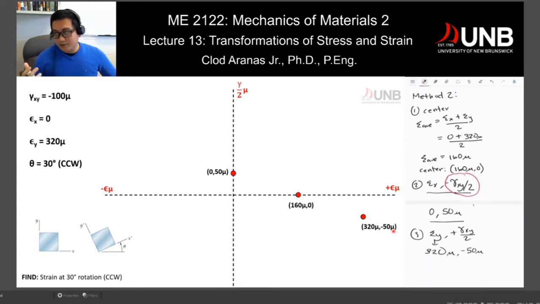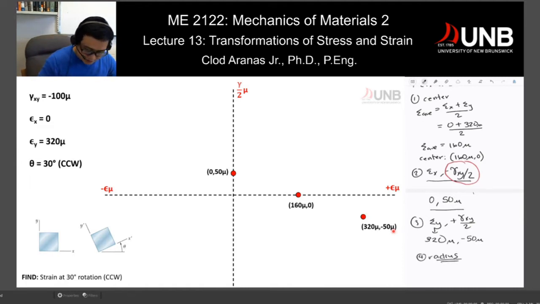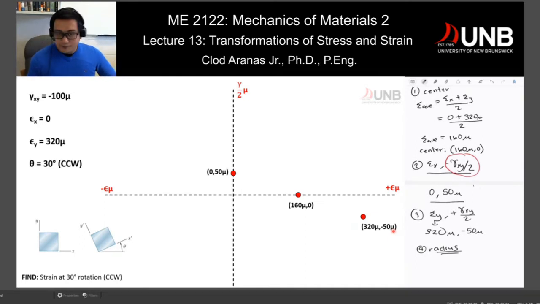Now we can determine what would be the radius of our circle. So the fourth step would be to determine the radius. And again, everything is just based on dimensions. Before we connect this, let's imagine we have these points right here.